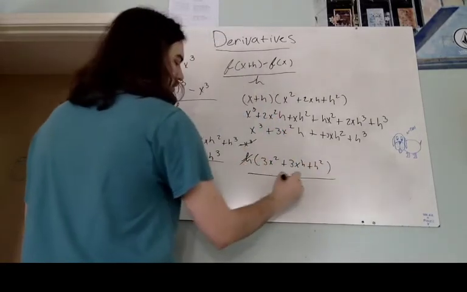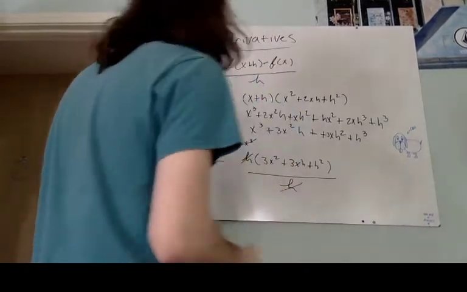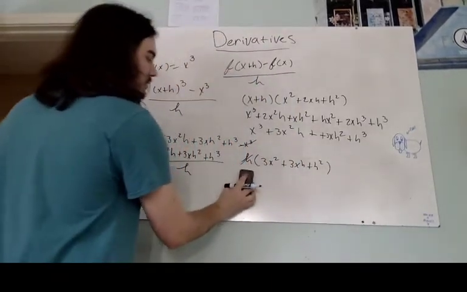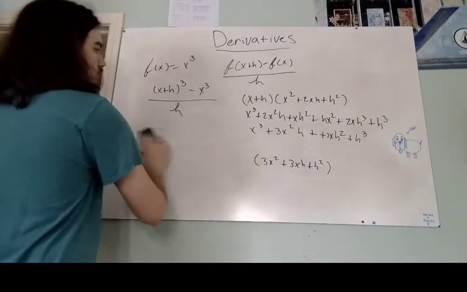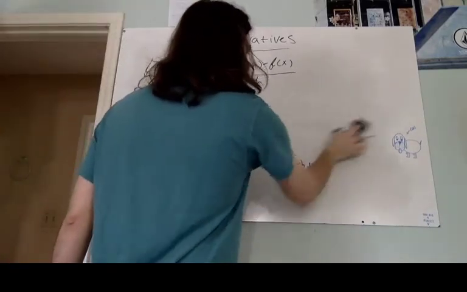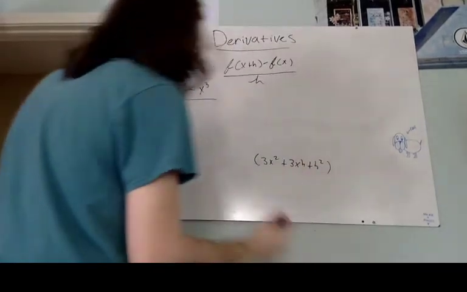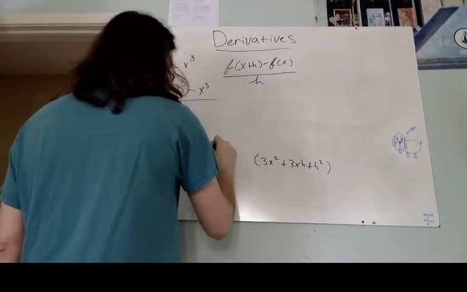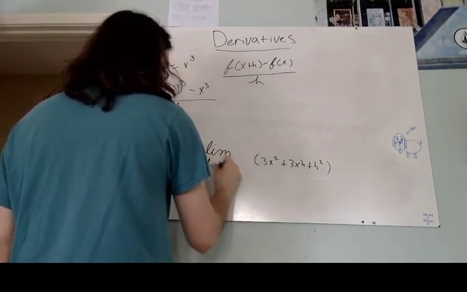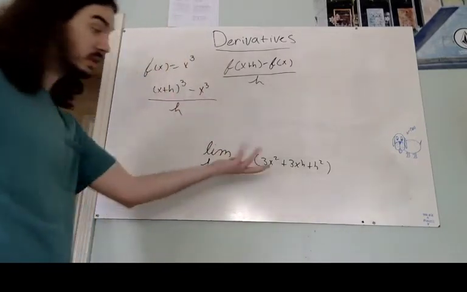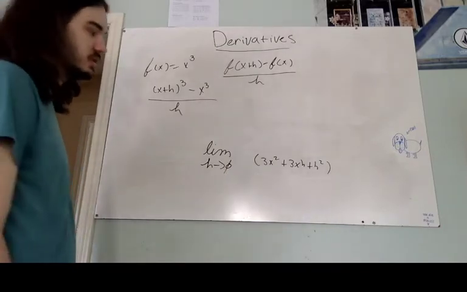So these h's cancel. Now I've gotten rid of all this, and I'm just left with this. So now what I'm doing is I'm taking the limit as h approaches 0. So what's going to happen to this function as h approaches 0?